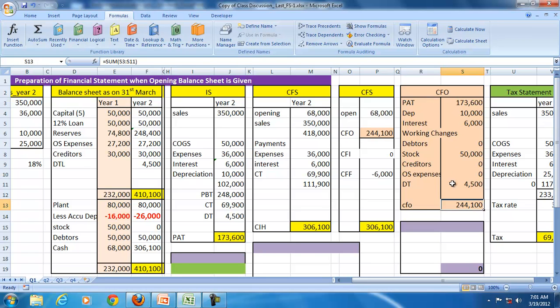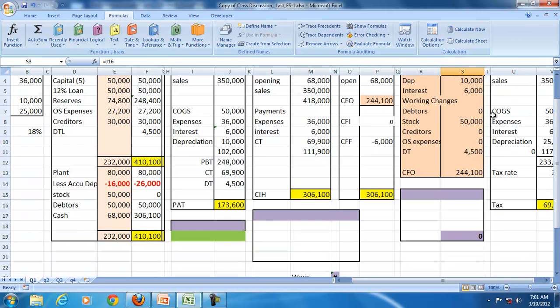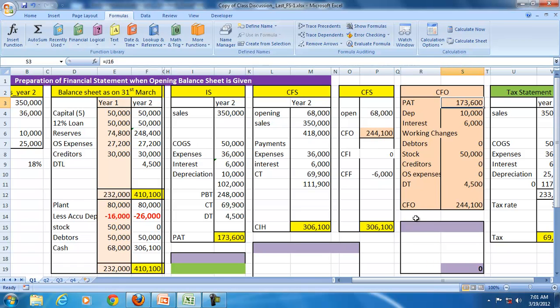So profit after tax is not the same as CFO because of non-cash items like depreciation and deferred tax, non-operating items like interest, and working capital changes. In this case, it is only the change in the stock. So we got PAT, we got cash in hand, we got CFO, and we also understood why CFO is not the same as PAT.